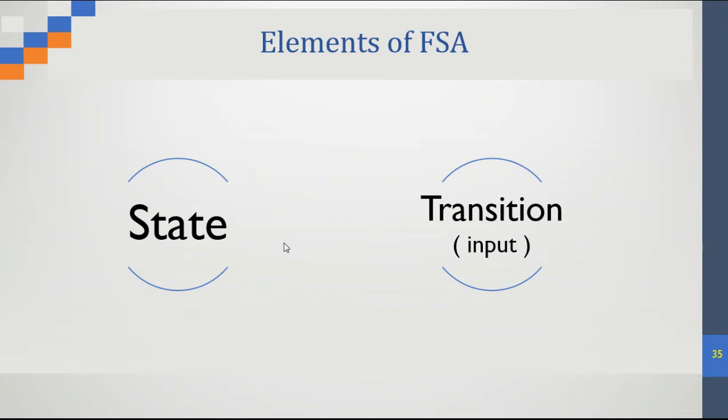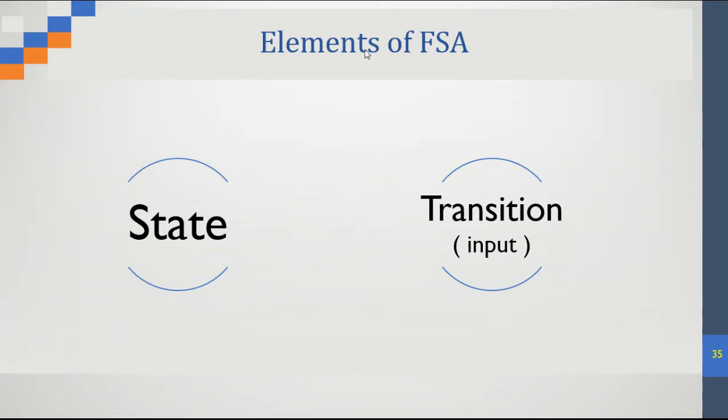So the elements of the finite state machine are the state and the transition. The state is the state of the system. The transition is the input to move from one state to another state.